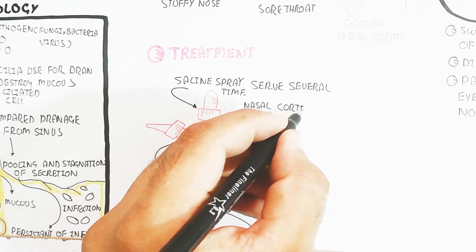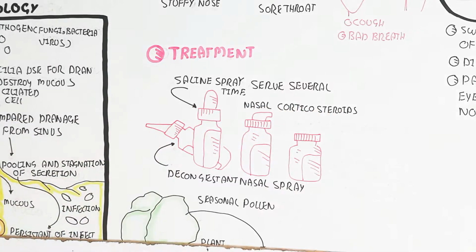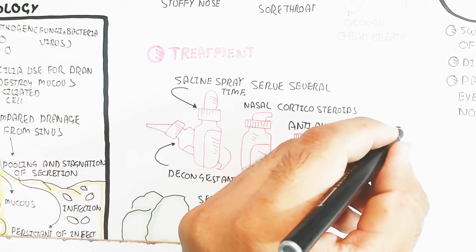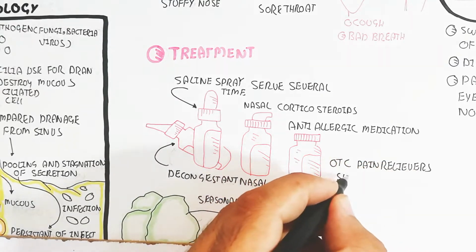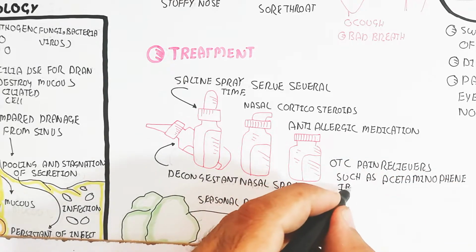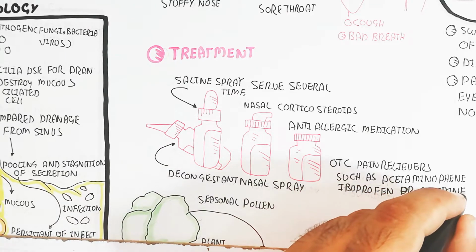On the other hand, nasal corticosteroids will be used because they lead to outflow of the mucus, and anti-allergic medication is used because, for example, the histamine produced from mast cells will be inhibited.